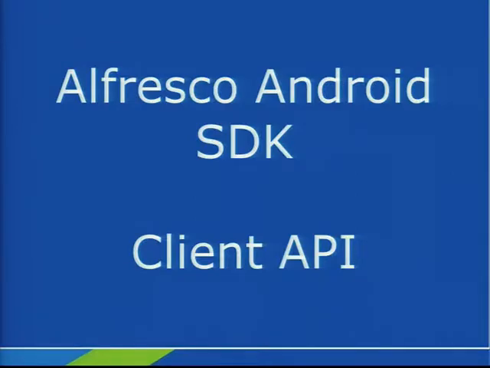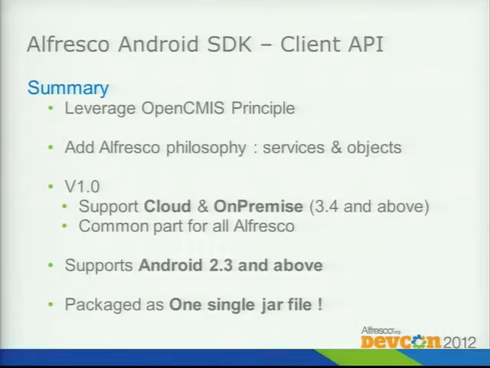Now the core product, the client API. The client API is a mix between the OpenCMIS principles, the document management, and the Alfresco philosophies that you may know if you implement something on server side. The idea is to mix the two parts and create a new layer that leverages all these principles.